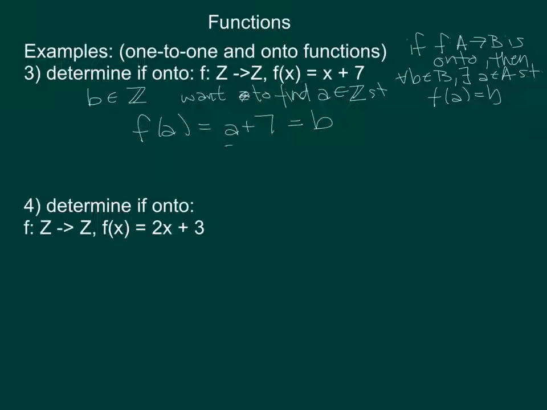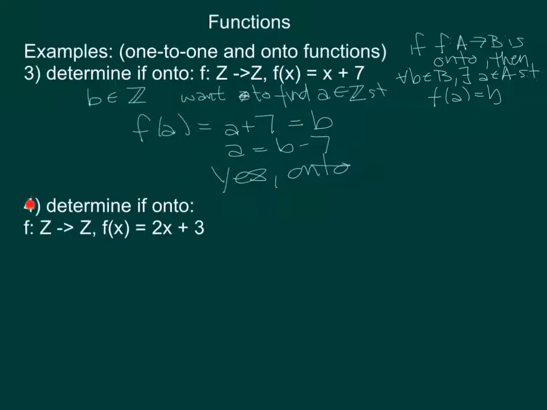But that's easy. So basically a is equal to b minus 7. So if you give me an integer, I'll subtract 7 from it, and that'll be the a that gets mapped. So this is yes. This is an onto function.